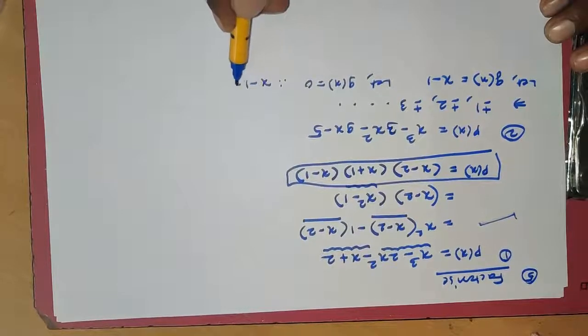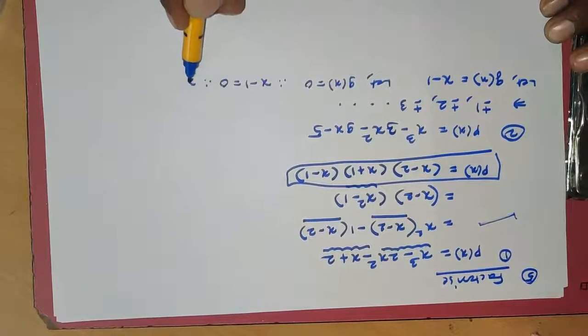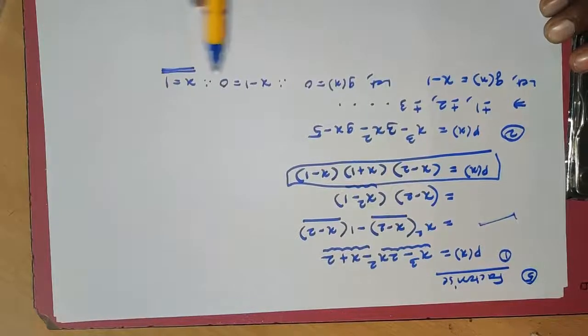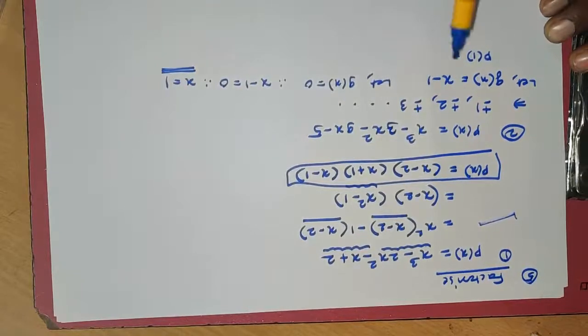Therefore x minus 1 is equal to 0, so x is equal to 1. If I substitute x is equal to 1 and get the remainder 0, then I can say 1 is the zero of the given polynomial, and x minus 1 is a factor of the given polynomial.